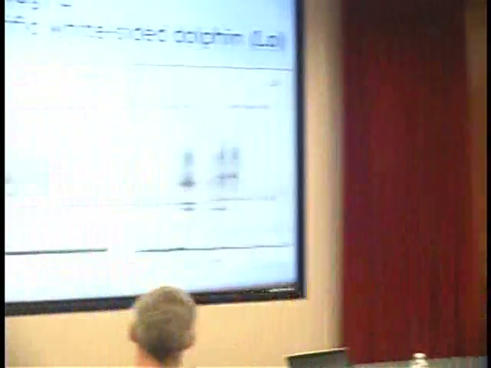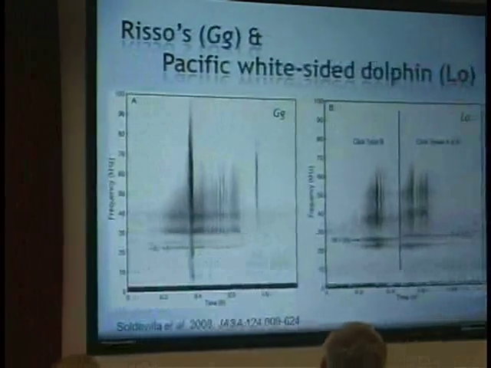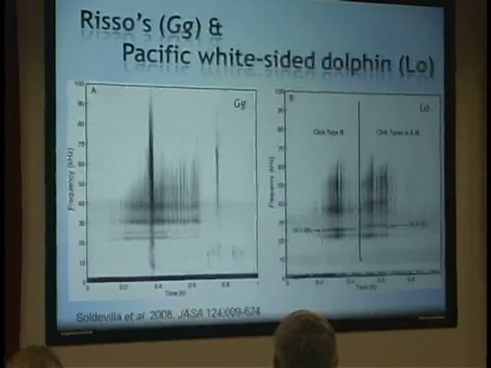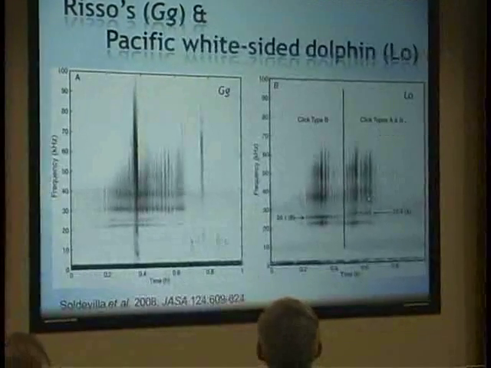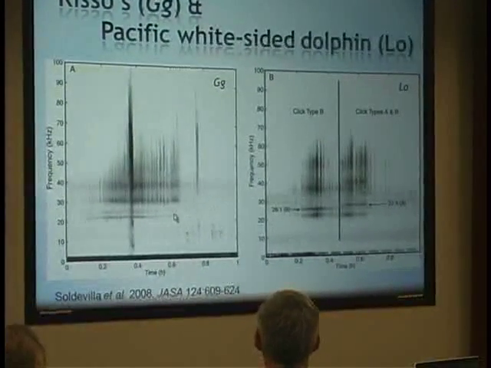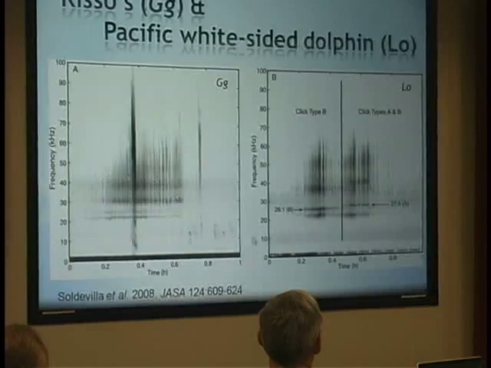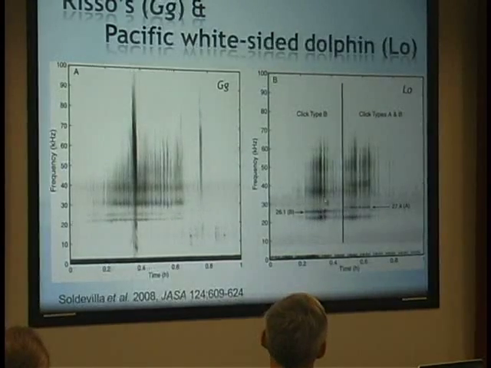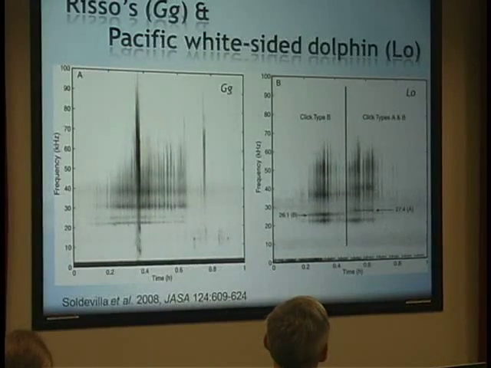But when you have a series of clicks, and there's a 1 hour time period displayed here, you can see that these have some sort of a stripiness to it. Here, for example, you have 1, 2, 3, 4 stripes up to 40 kilohertz, and here you have 1, 2, 3 stripes.